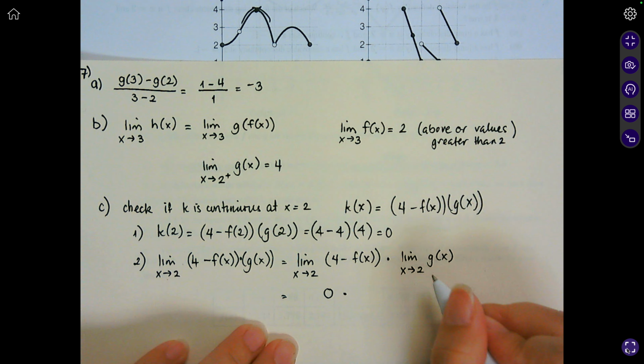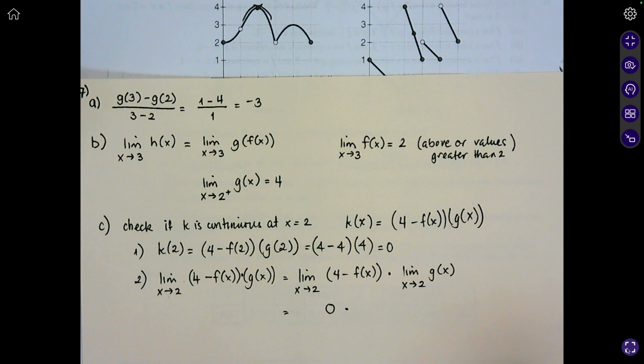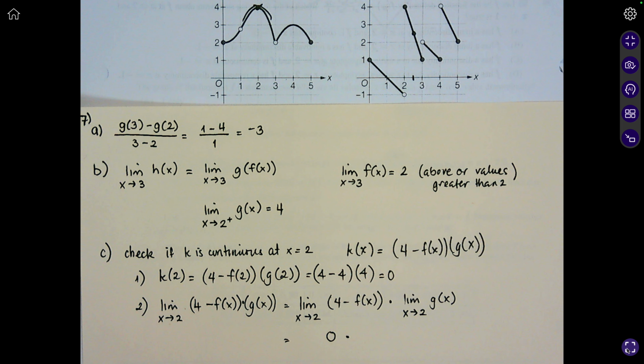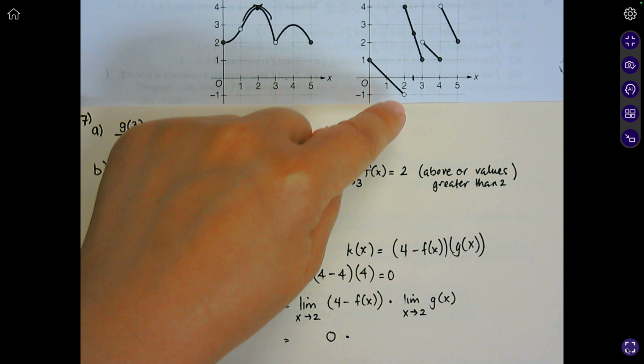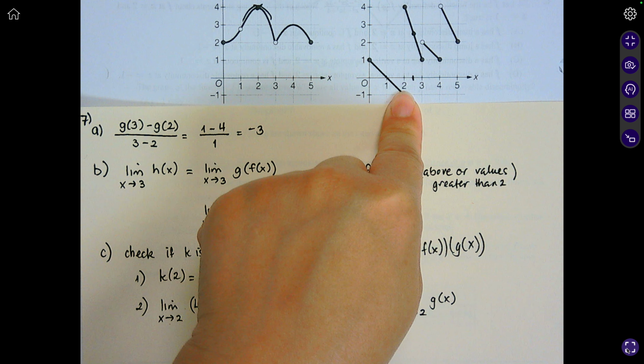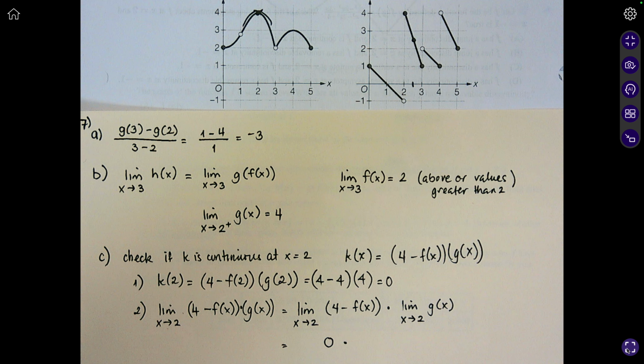Times the limit as x approaches 2 of g of x. But here's the problem. Look at the limit as x approaches 2 of g of x. What do you notice? It's a jump discontinuity. So the limit from the left goes to -1, and the limit as x approaches 2 from the right goes to 4. The limit does not exist when x approaches 2 for function g.